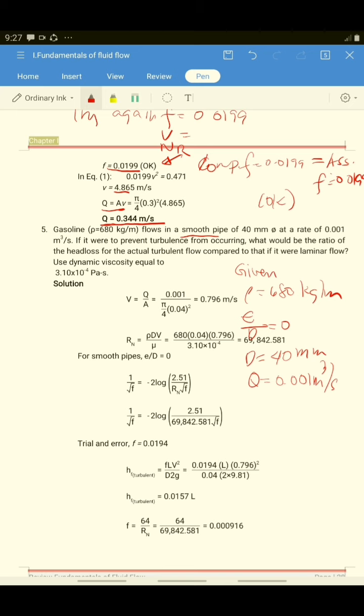So you have to get the ratio of the head loss, head loss turbulent to head loss laminar.